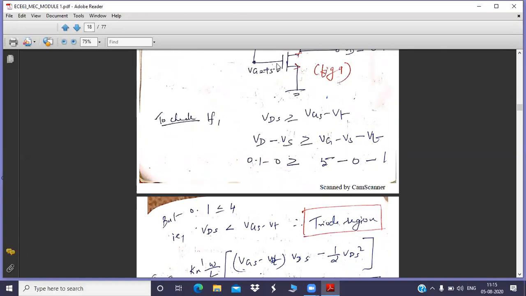Instead, it is operating in the triode region. Clear? In the previous three problems it was confined to saturation, but now it is operating in triode, because VDS is less than VGS minus VT.